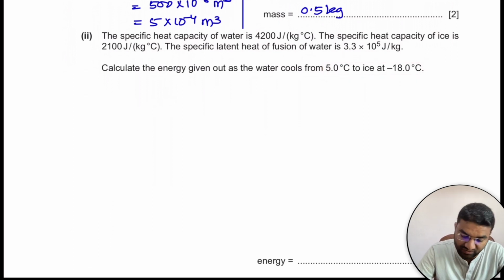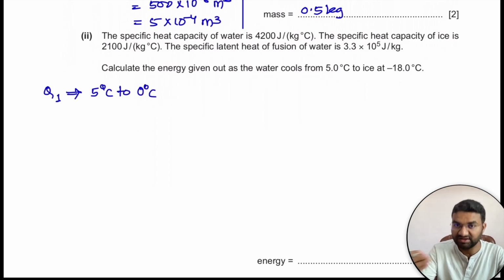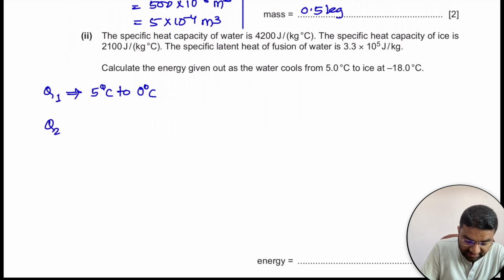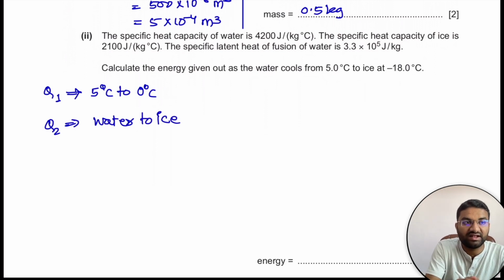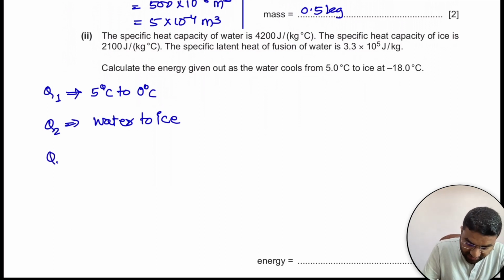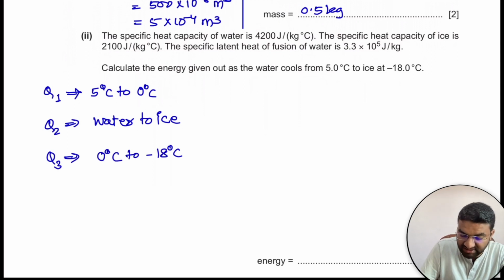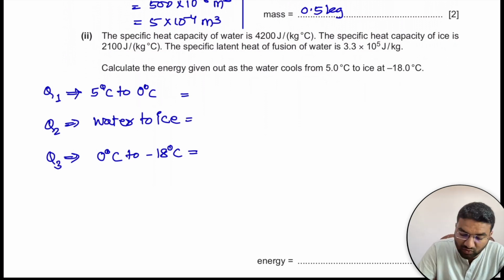These are the 3 processes as the water cools down.